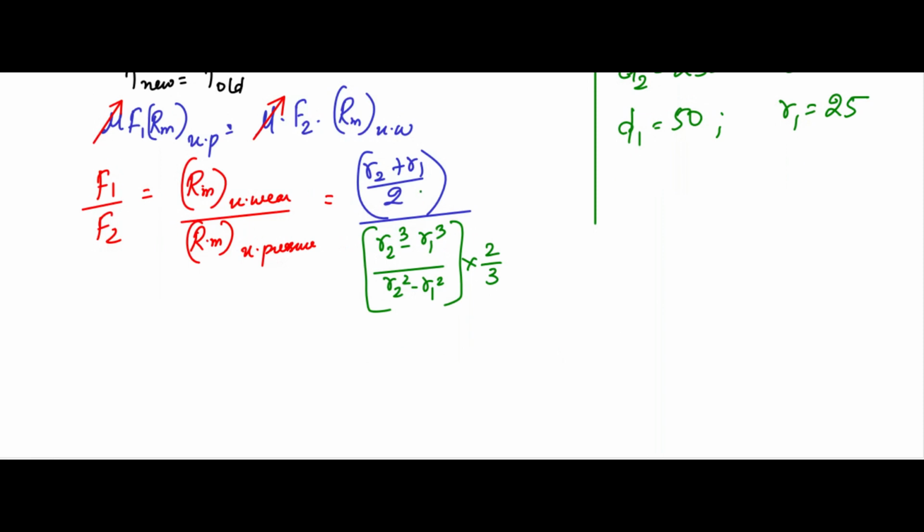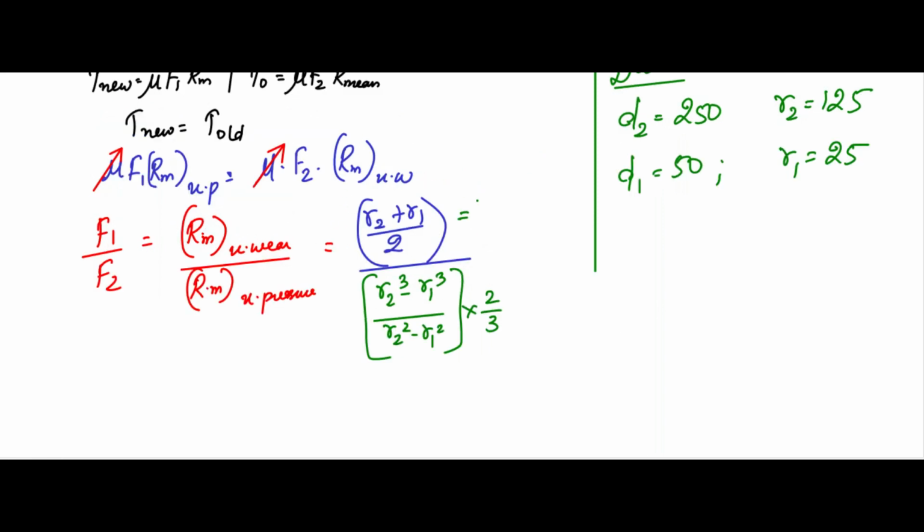So for R2 plus R1 by 2, I'll solve it here itself. R2 is 125, R1 is 25. So 125 plus 25 divided by 2 is going to be 75.